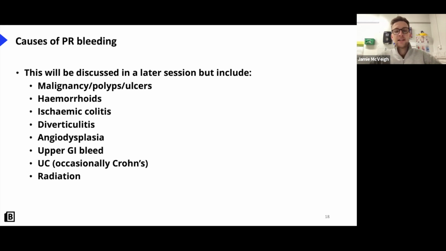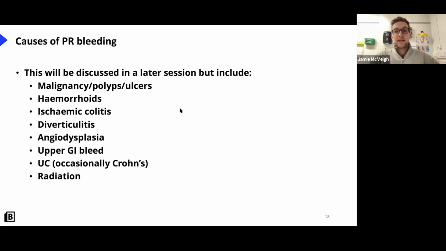Angiodysplasia is a really, really tricky one. It's due to arterial malformations that basically rupture spontaneously, and you get a bright, fresh red blood and a large amount. And this case was an angiodysplasia. And with that go AV malformations, as someone has correctly said.